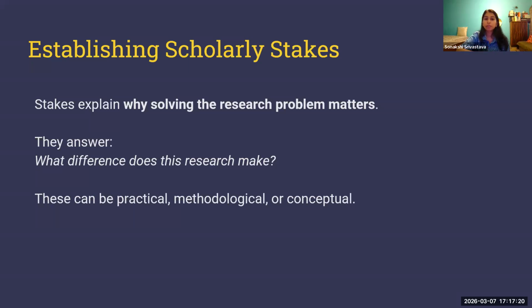So if you've identified a methodological gap, chances are that you are going to take a methodological approach and your research is going to make a methodological difference to the problem that you have identified. So this is also something that goes in your introduction very clearly.